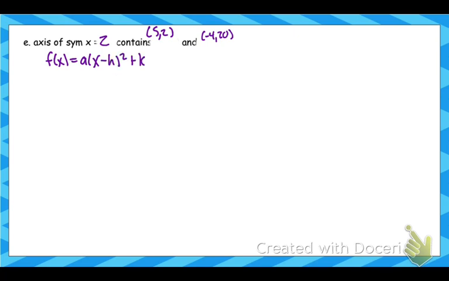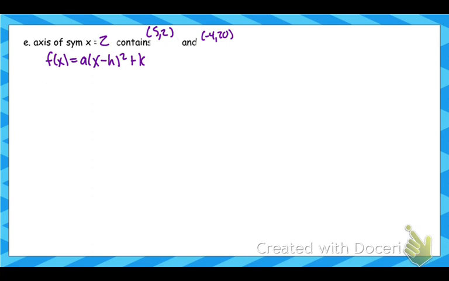H is 2. So now I can fill in this information into x and y to write my new equations. And if I fill that in, I'm only going to have two variables missing, a and k. And if I'm only looking for two variables, then I only need two equations. So this is going to be a two variable system. So let's try this one.